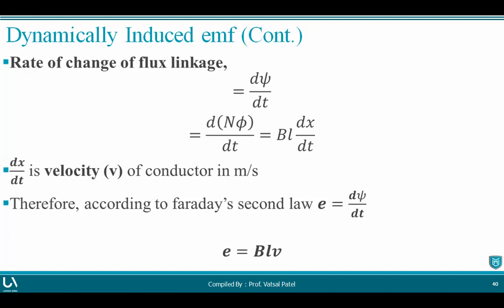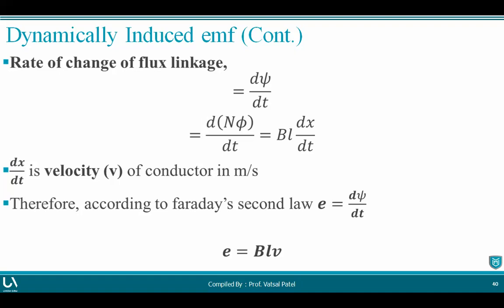After that we apply Faraday's second law, that is E is equal to d psi by dt. That d psi by dt value is equal to B L v, so E is equal to B L v according to the diagram.